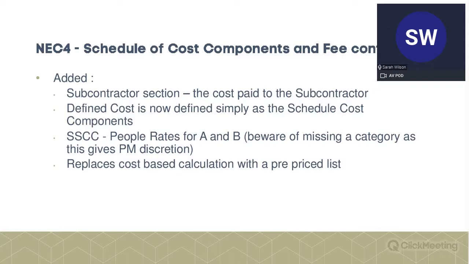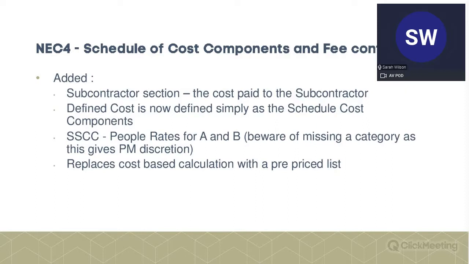It's pretty self-explanatory, and I think it's really helpful. It means we've got a one-stop shop instead of going between the schedule of cost components and defined cost. And the defined cost now doesn't refer to anything about subcontractors. It just refers you directly to the schedule of cost components.